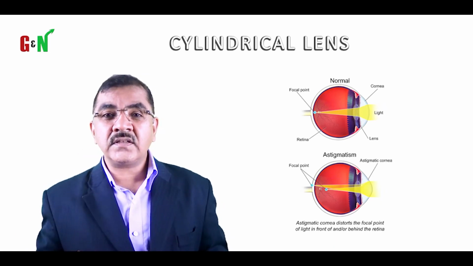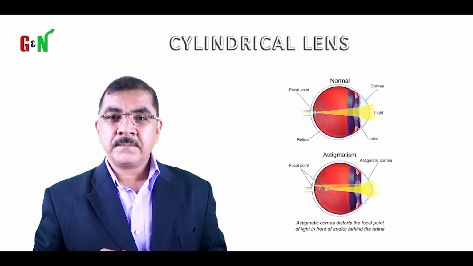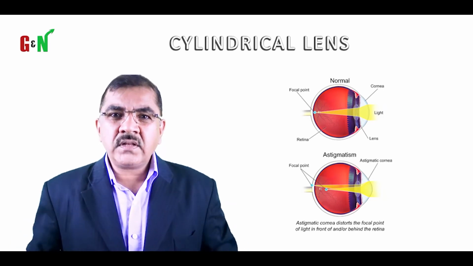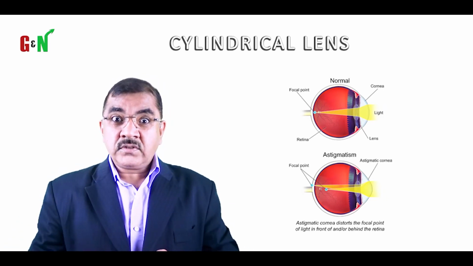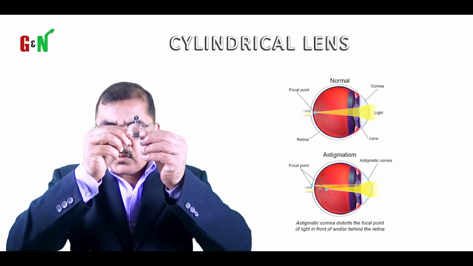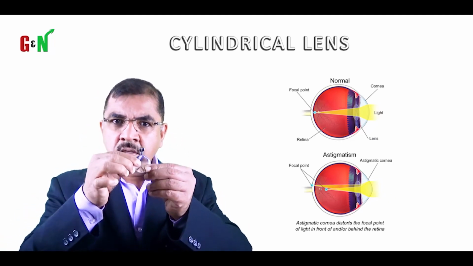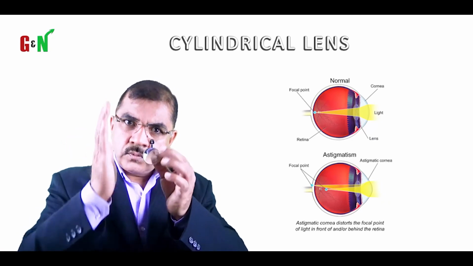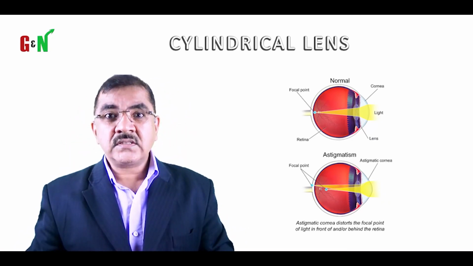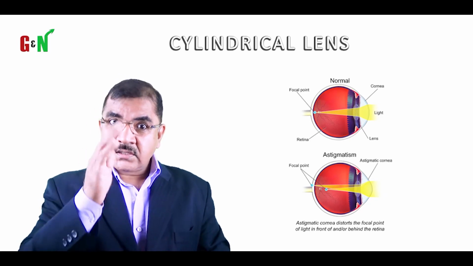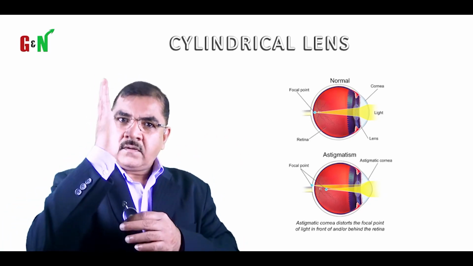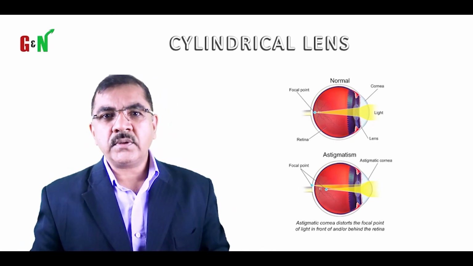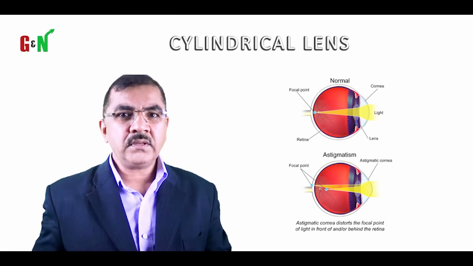At 180 degrees the object will be thin. So if you are changing the shape of the lens to a cylindrical lens like this, at one point you see this is a thick lens at the center, it's a plus. So when the object is thick, then it is 90 degrees, and naturally if the vertical meridian is at 90 degrees, the horizontal meridian at 180 degrees is going to be thin.